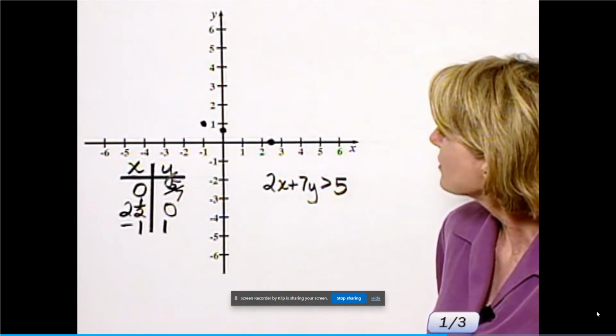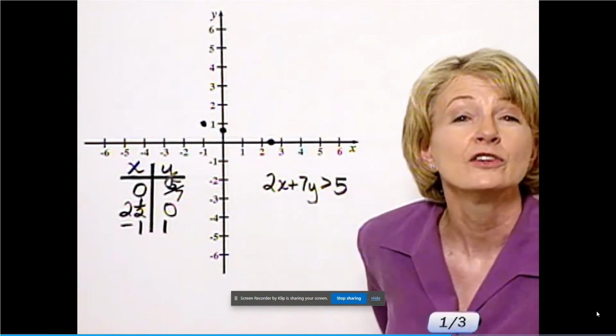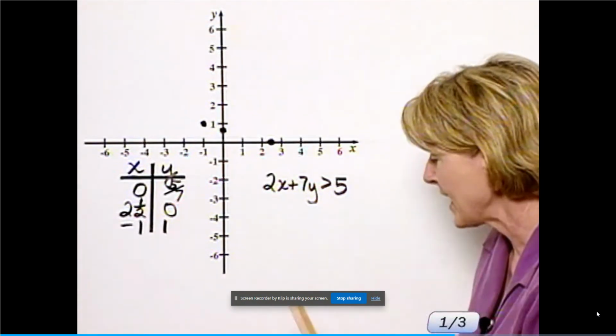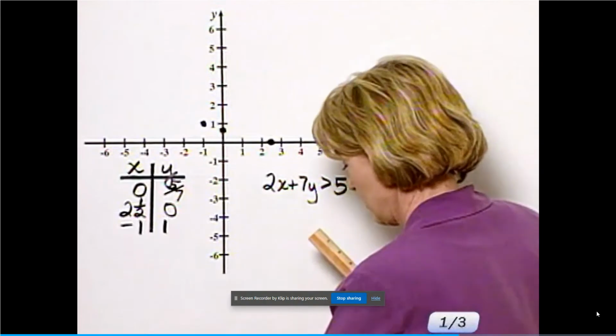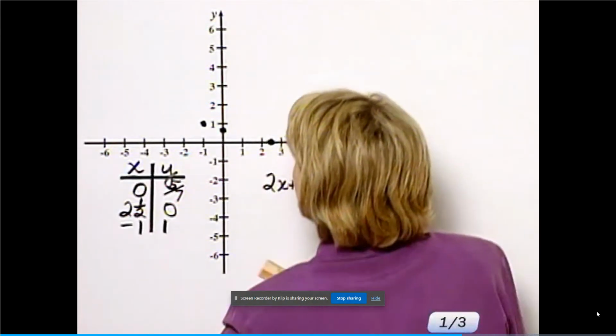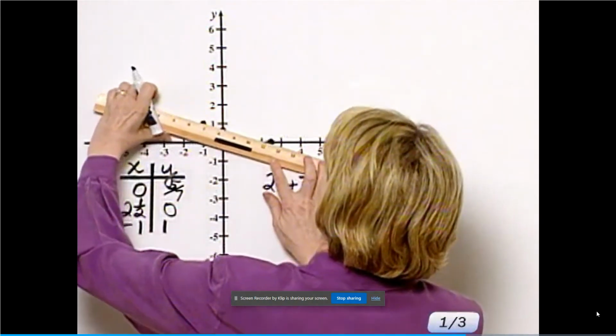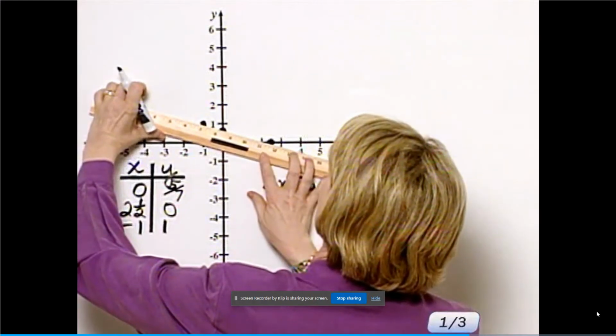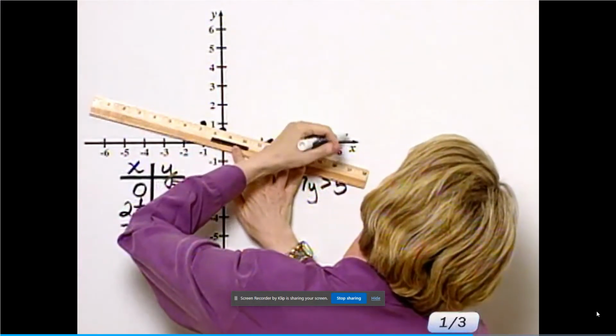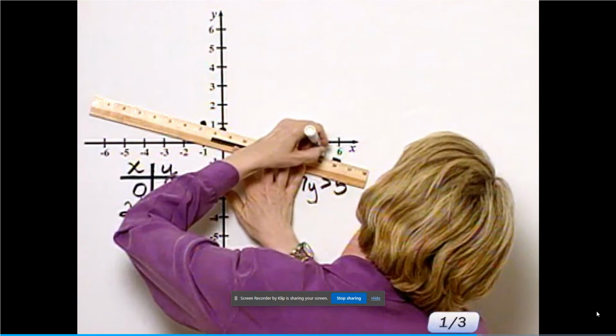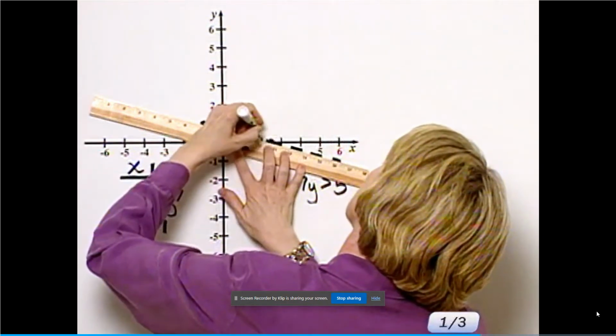So you can see these all fall along the same line. Do not forget, we will draw in a dashed line. There we go. This is our boundary line.